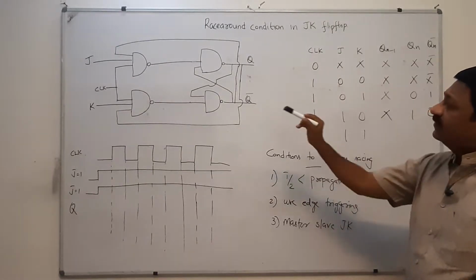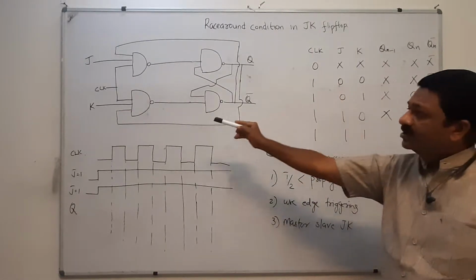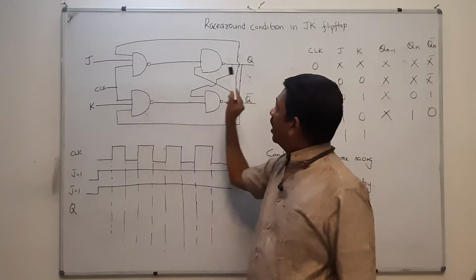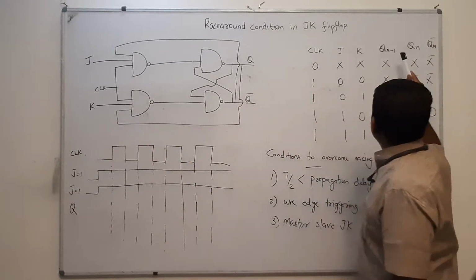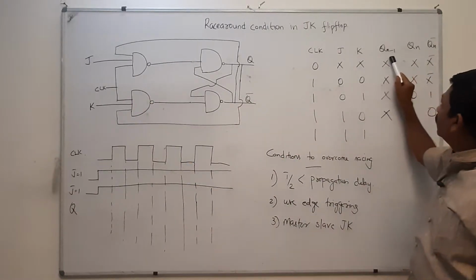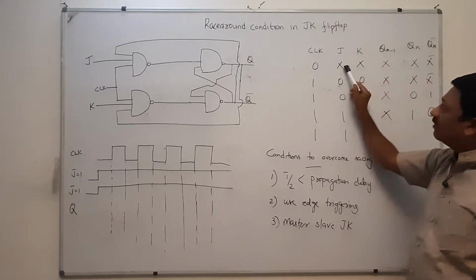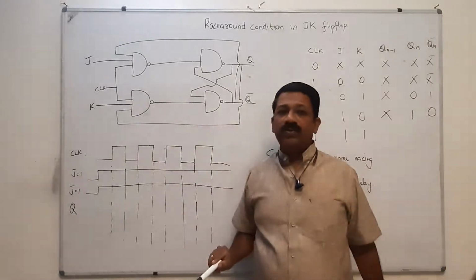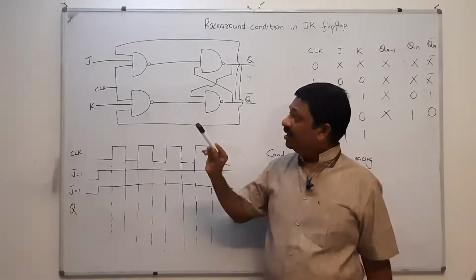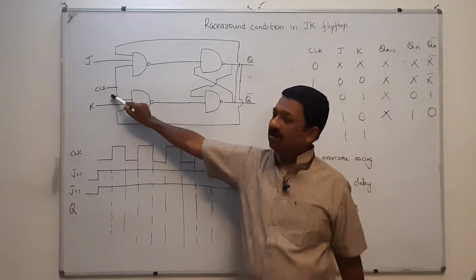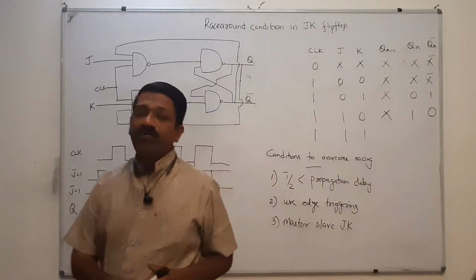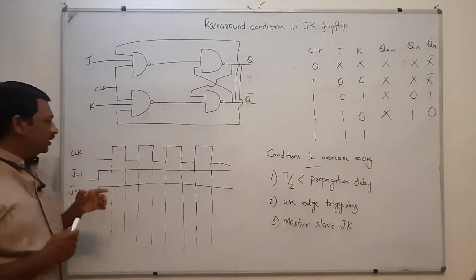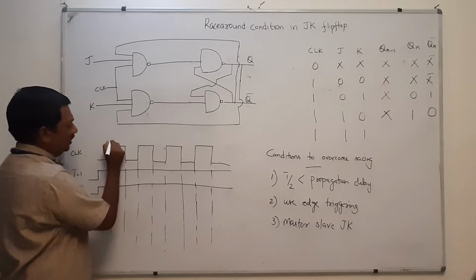If the clock is zero, nothing will happen. It will retain the previous output, whatever be the value of J and K. Suppose this is a level triggering clock.